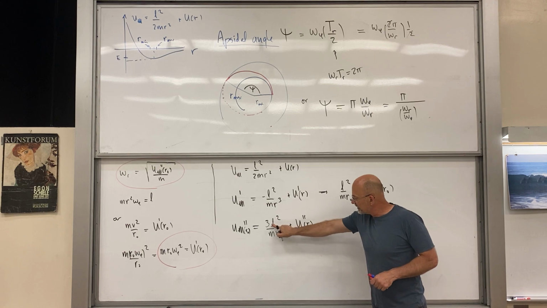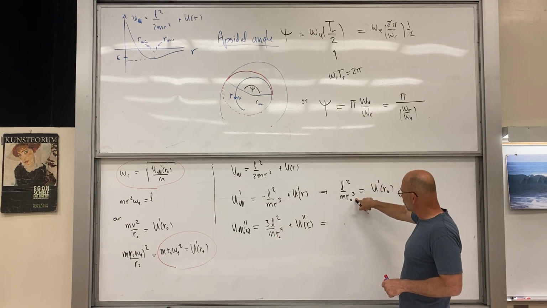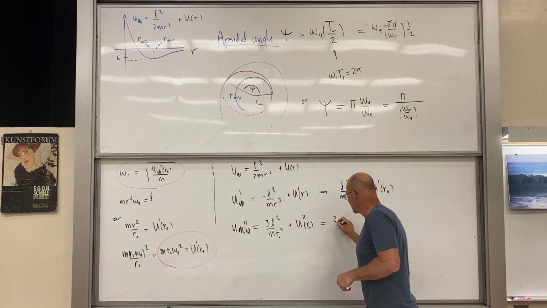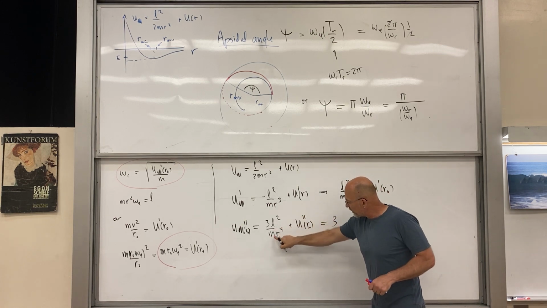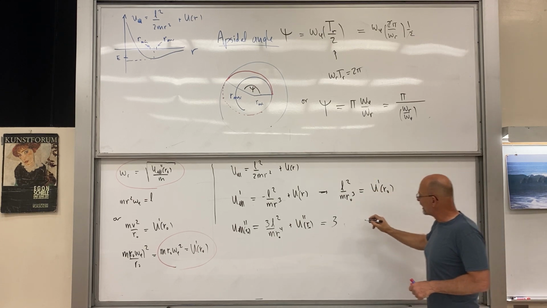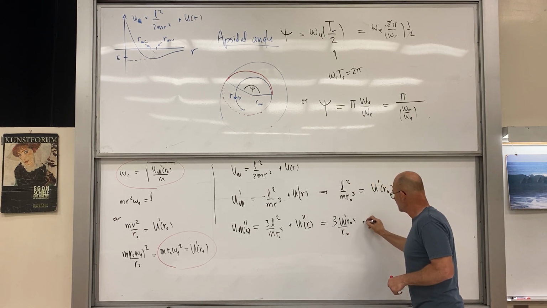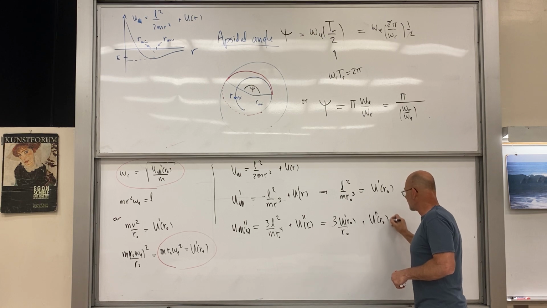Now we can get rid of this L squared over m r0 cubed, because 3 L squared over m r naught cubed is u prime of r naught, so 3 u prime of r naught divided by r naught plus u double prime of r naught.